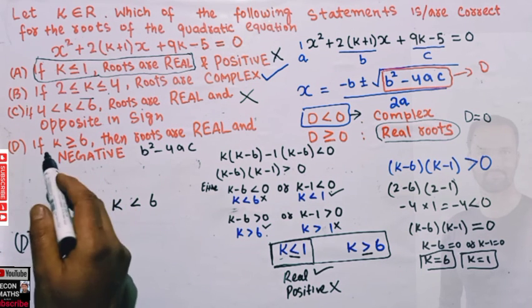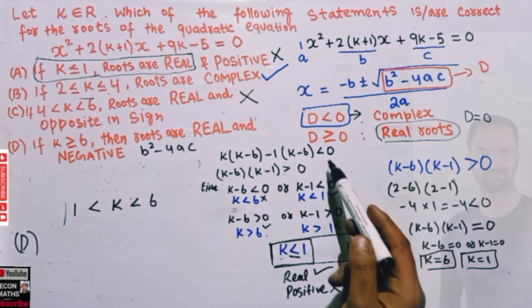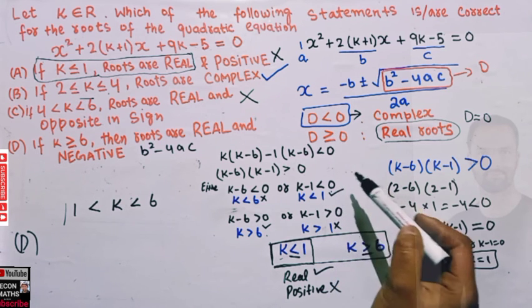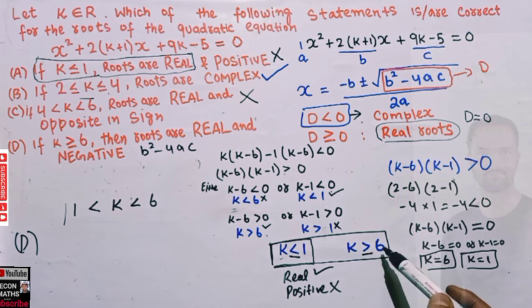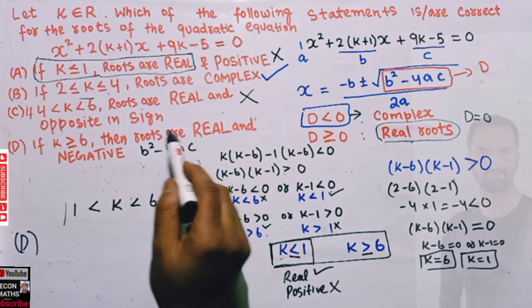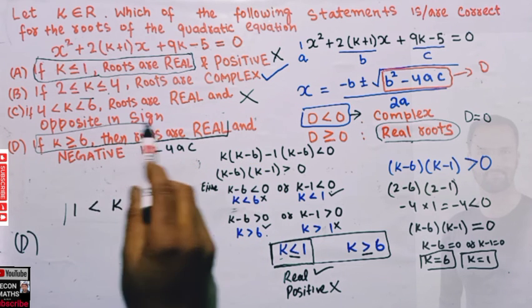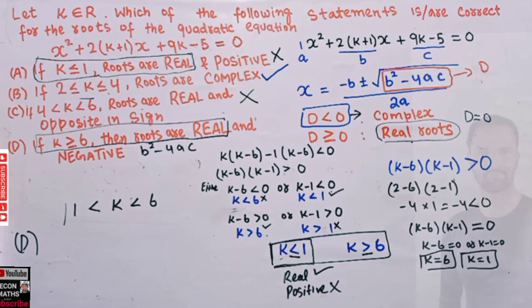D part: when k is greater than or equal to 6, we got real roots. This is correct, up to this it is correct. Now let us see whether the roots are negative or positive.